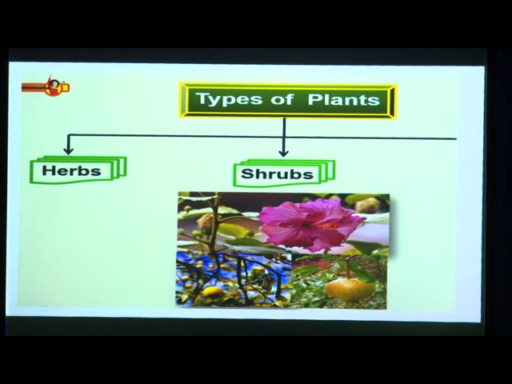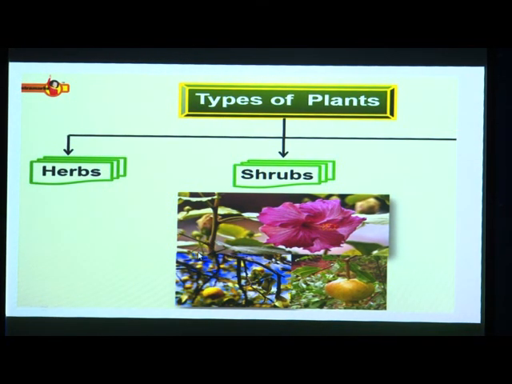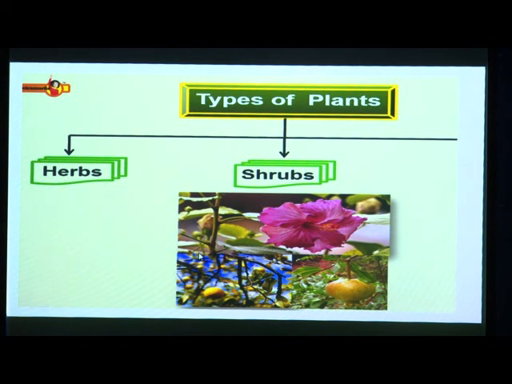You can see here the branches arise from the base of the stem. Examples of shrubs are rose, China rose, and henna, that is mehndi. The rose plant is again an example of a shrub.